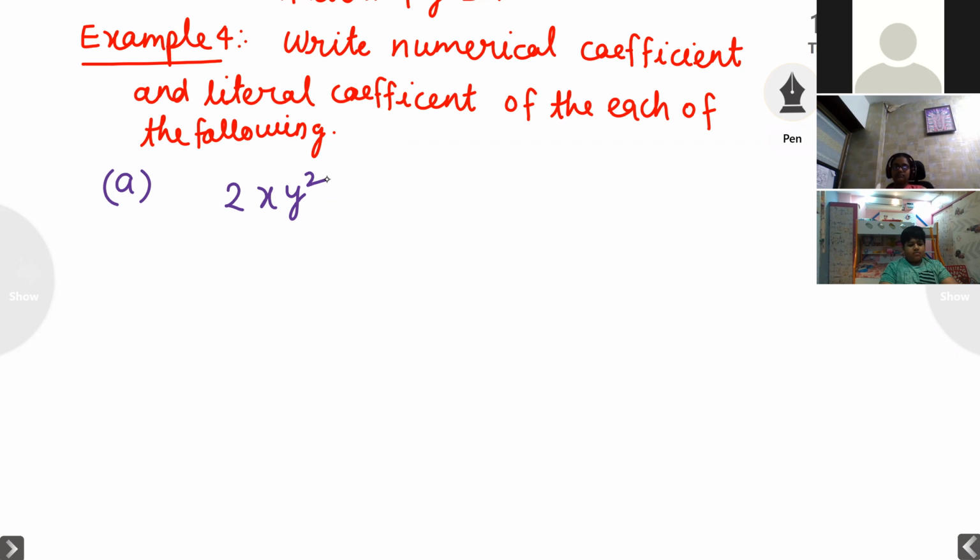We'll write here: numerical coefficient equals 2, literal equals xy square.